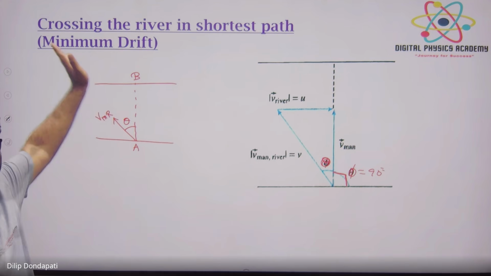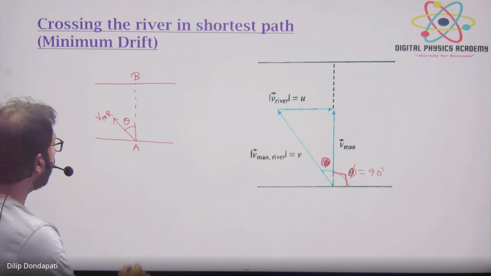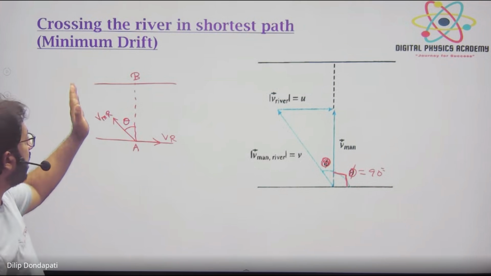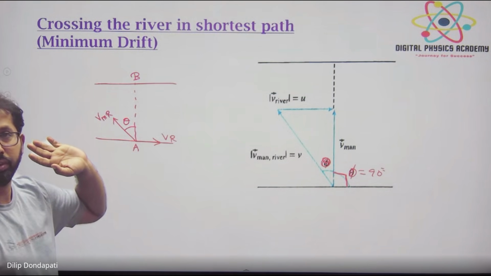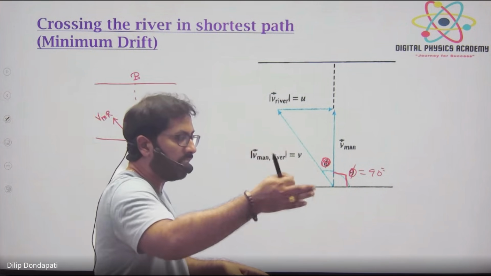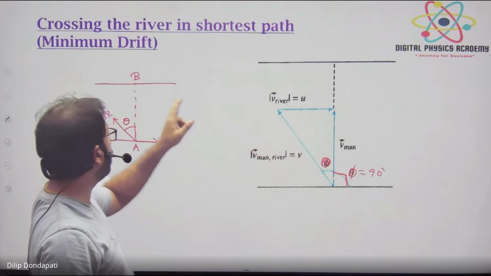He has to swim in this direction. Then what will happen? Because of the river's speed, finally he will reach the point B. He is trying to swim like this, drifting a little, and finally he will reach the point B.